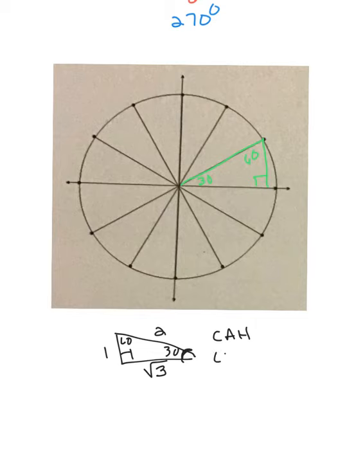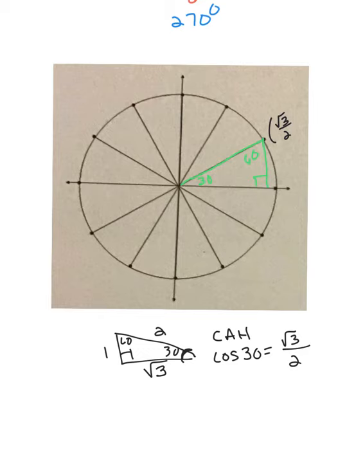So cosine of 30 equals adjacent, the side connected, square root of 3 over the hypotenuse, which is 2. So in our unit circle, the x-coordinate will be the square root of 3 over 2 because it is the cosine.